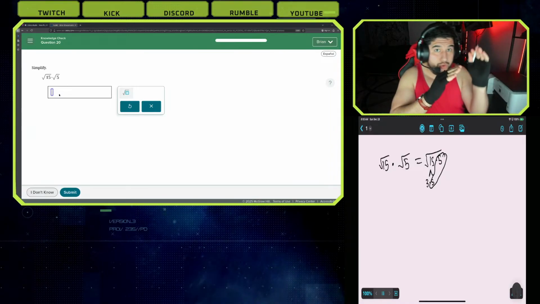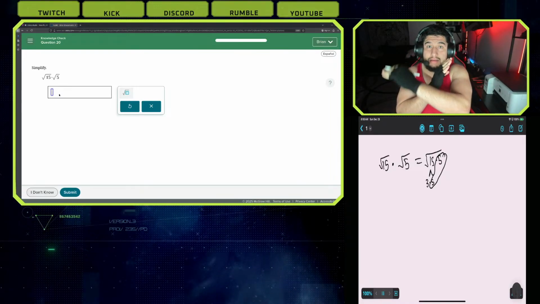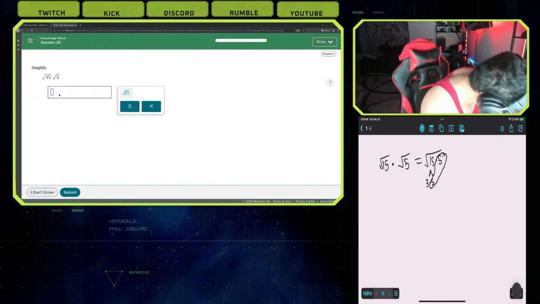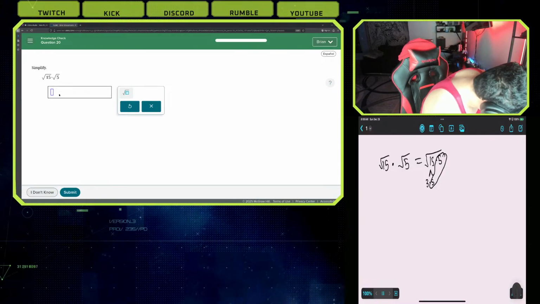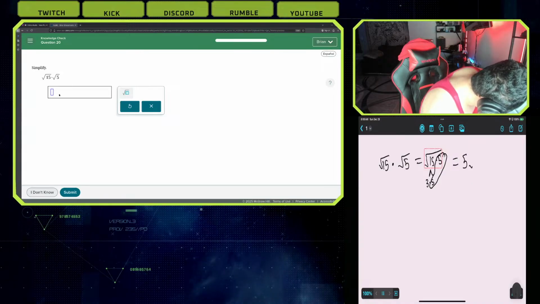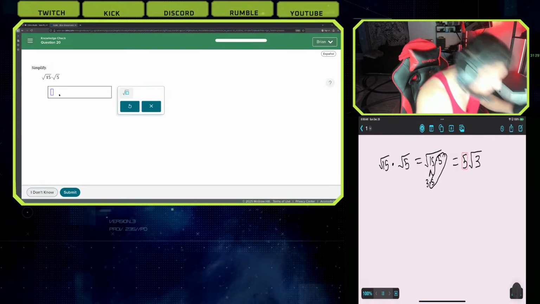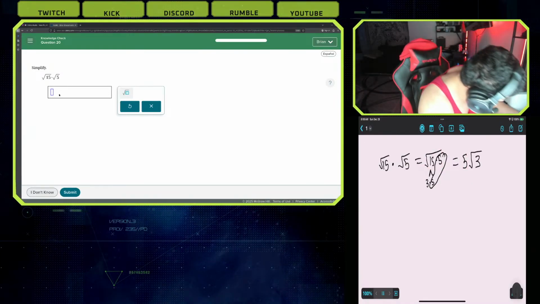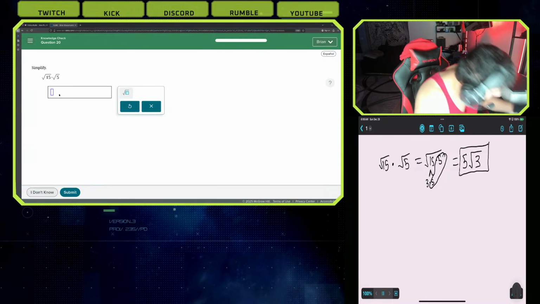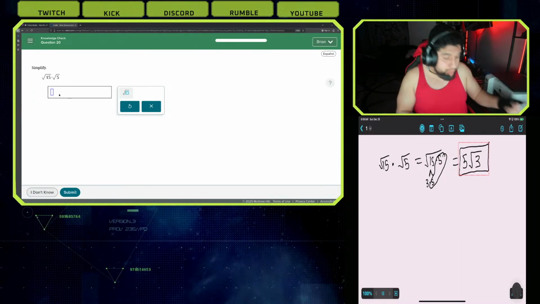That means you can move the 5 to the outside. The other one has to stay inside the square root. So that would equal 5 because 5 made it out. 3 got stuck behind, so it's still in the square root. The answer is 5 the square root of 3.